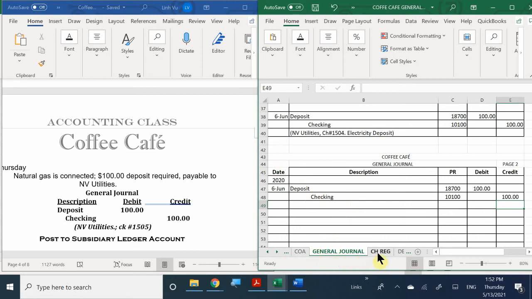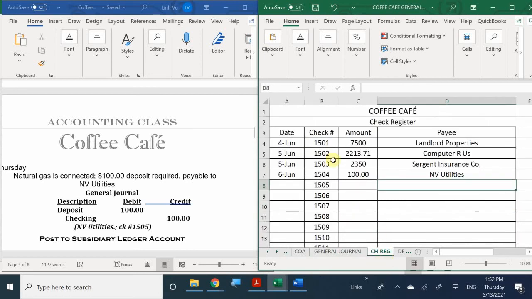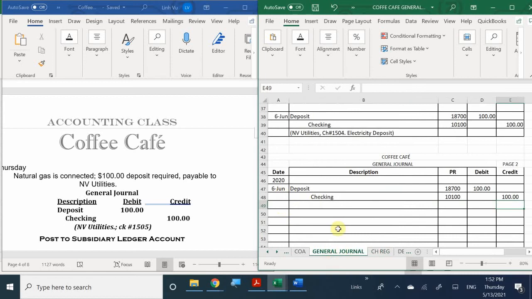I'm turning on the natural gas now. So we're going to go to our check register and say, well, we wrote another check out on the same day to NV Utilities to turn on the gas. So check number 1505. So go back to your general journal.